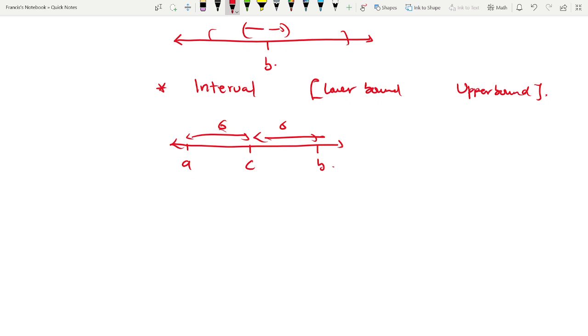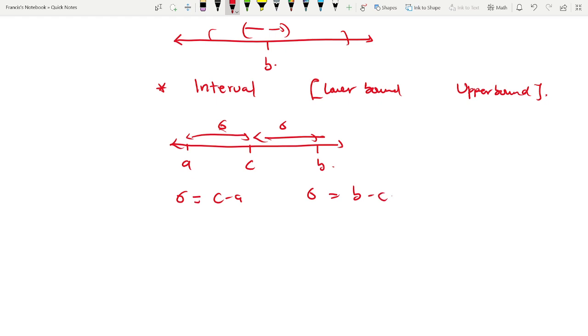So at this point, you realize that the radius on the left side is equal to C minus A, because C is now the bigger. This radius on the right side is equal to B minus C, now B is bigger. Is that not it?